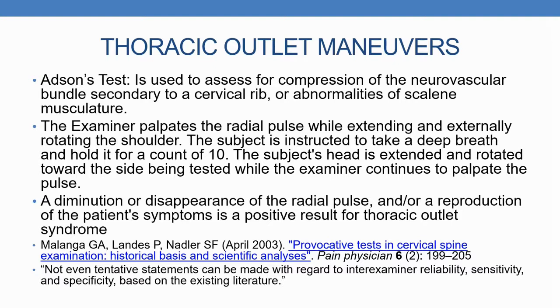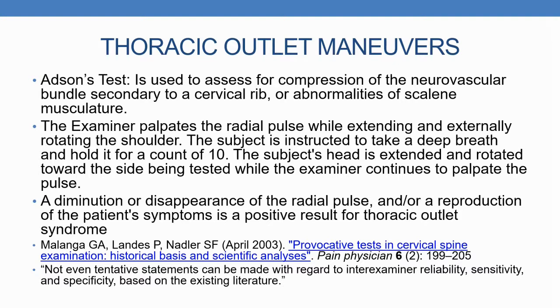So to perform Adson's maneuver, the examiner palpates the radial pulse while extending and externally rotating the shoulder. Then the subject is instructed to take a deep breath and hold it for a count of 10. Now, what's the purpose of taking a deep breath and holding it for a count of 10?